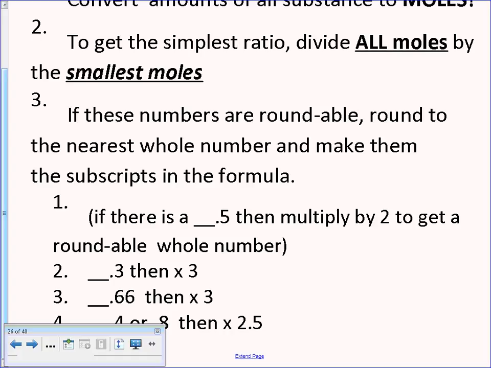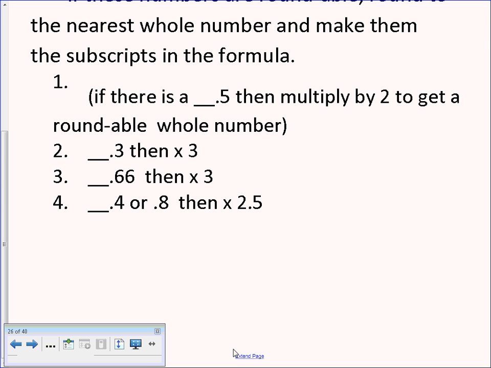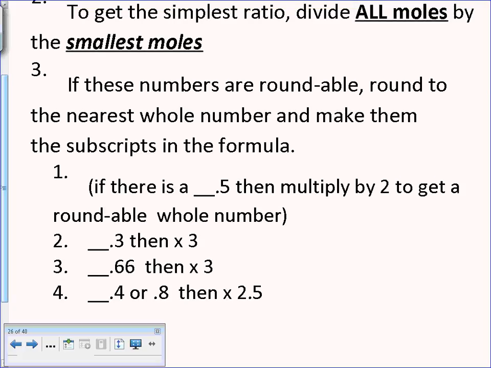Just put a big star by it, highlight it, whatever you've got to do. Okay, I'll come back down here once we talk briefly about the top.